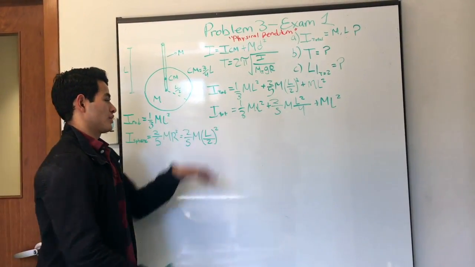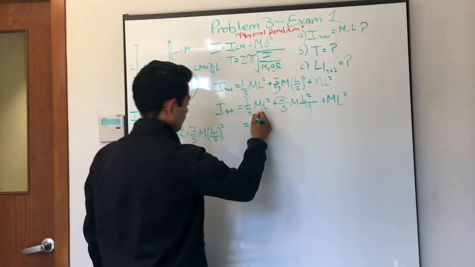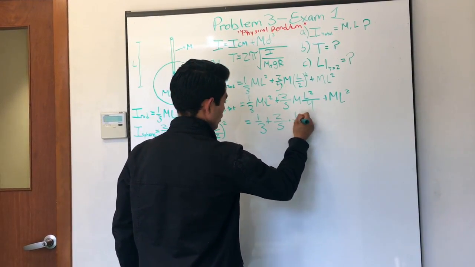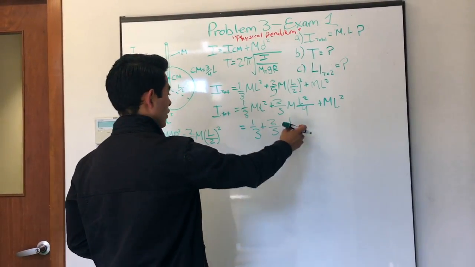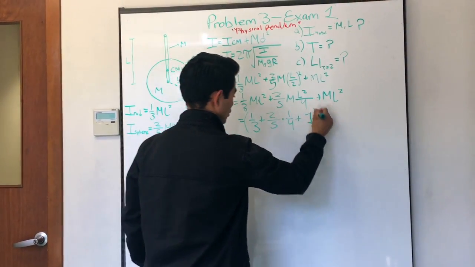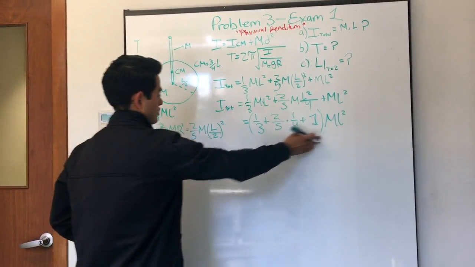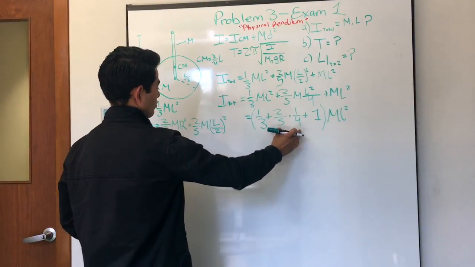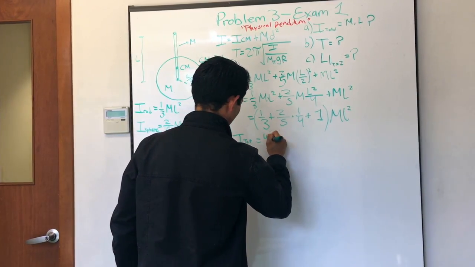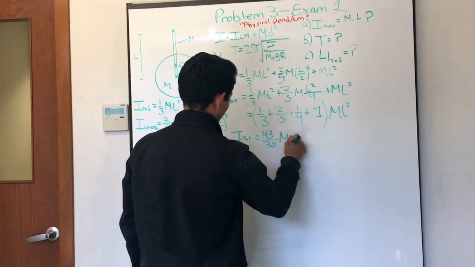So now we can take ml squared out of the sum, and the total inertia is equal to 1/3 plus 2/5 times 1/4 plus 1, all multiplied by ml squared. If we make this sum and multiplication, the total inertia is equal to 43/30 of ml squared.